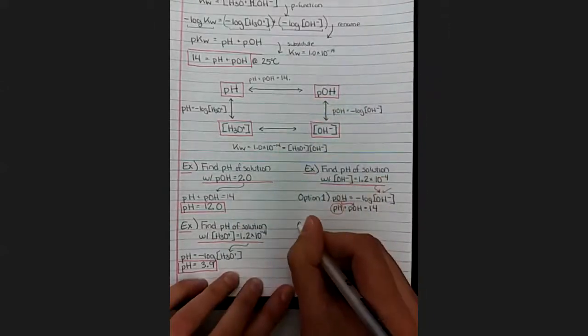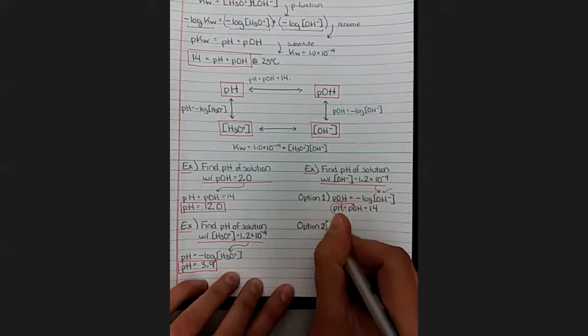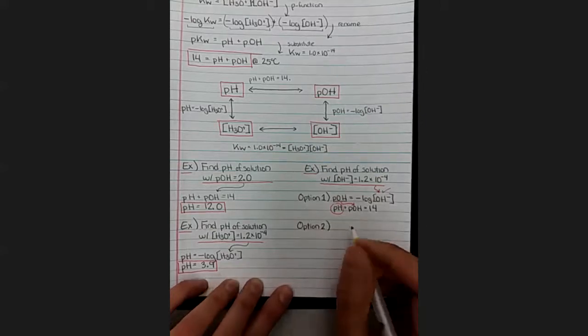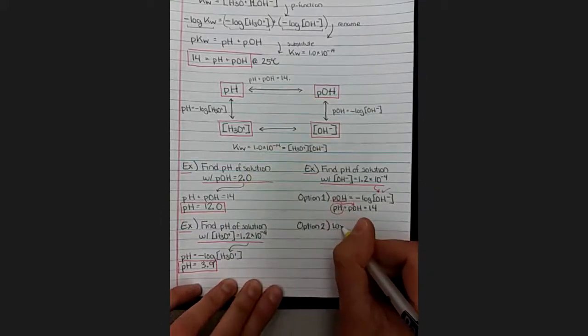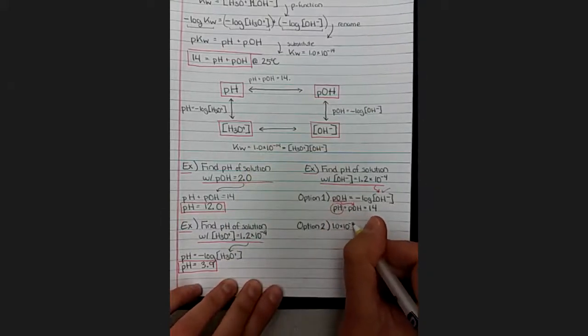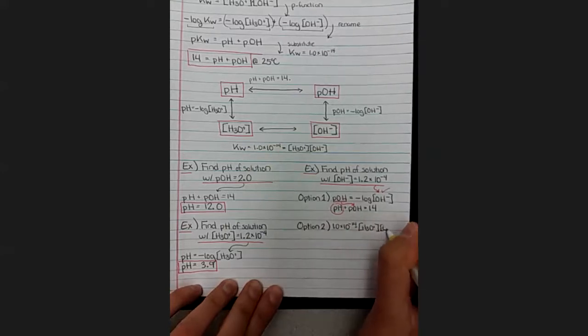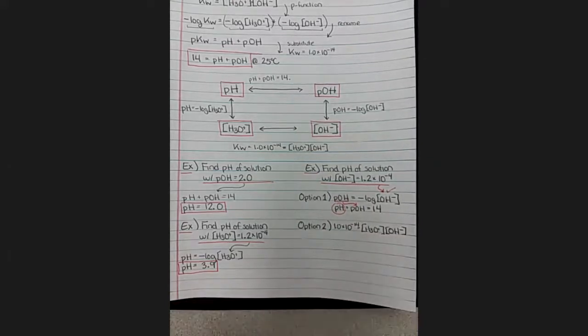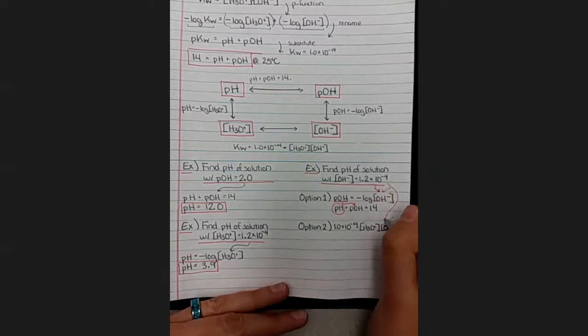Okay, and our second option is moving the other direction around the square. And that is to take the bottom step first. 1 times 10 to the negative 14th equals hydronium concentration times hydroxide concentration. We know hydroxide, that gets substituted in here.